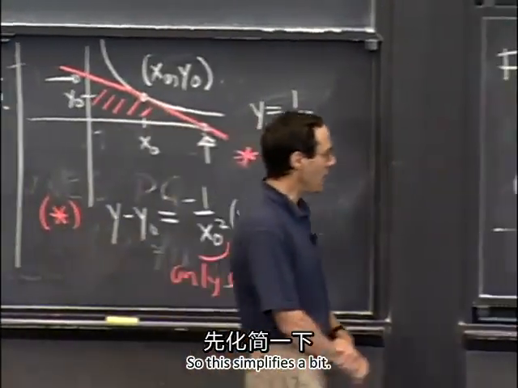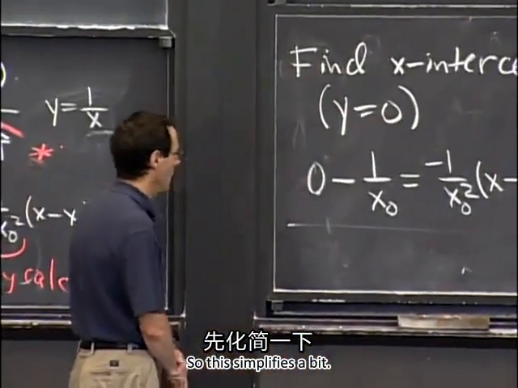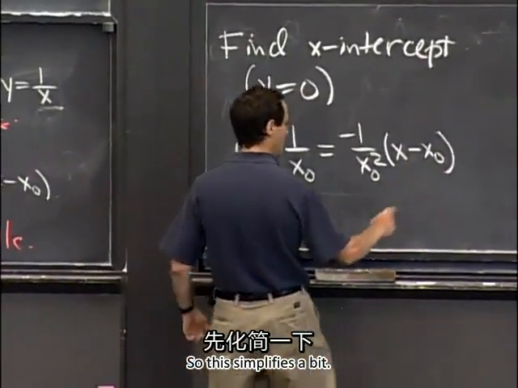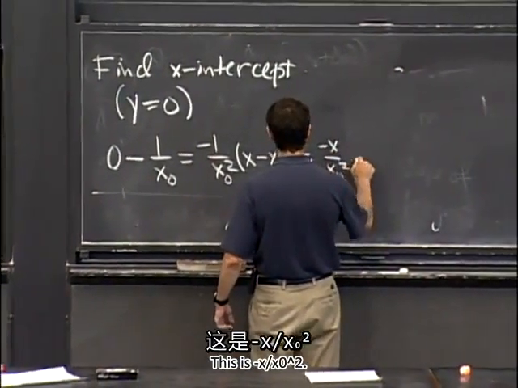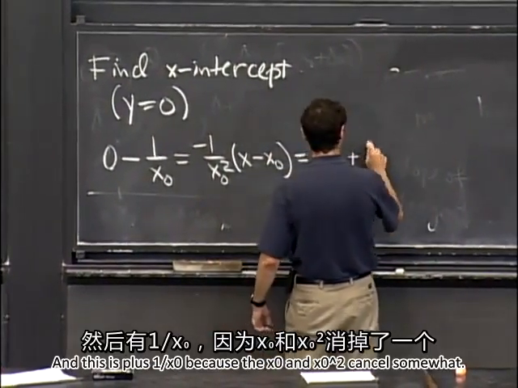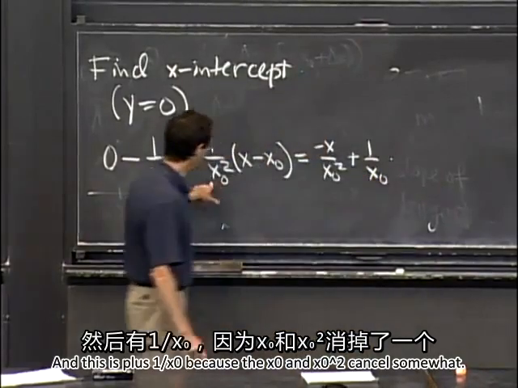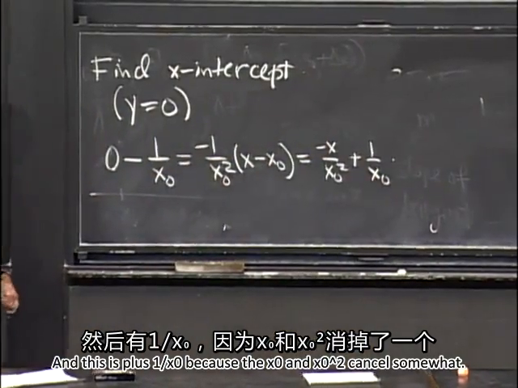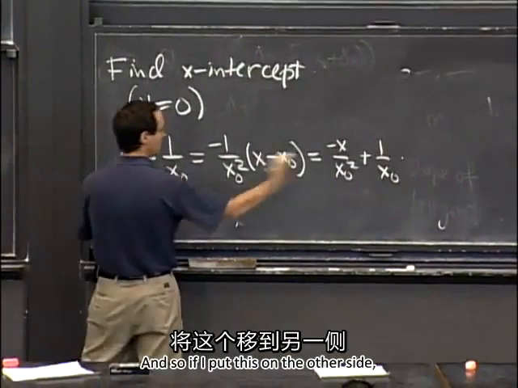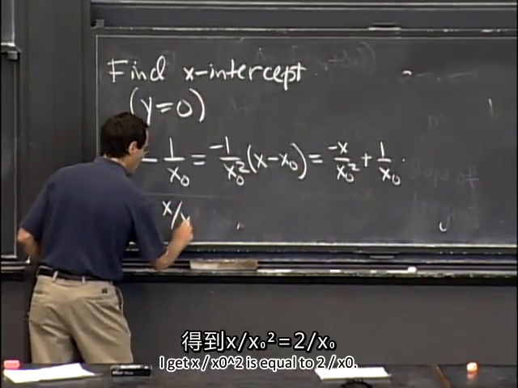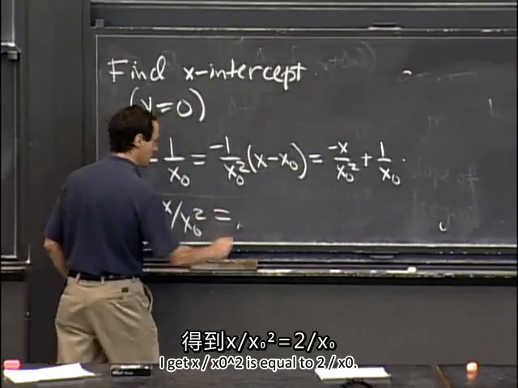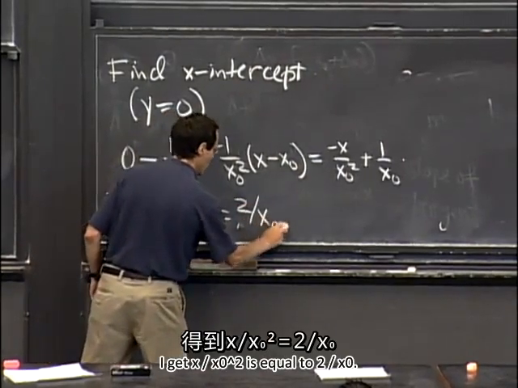So this simplifies a bit. Let's see, this is minus x over x0 squared, and this is plus 1 over x0, because the x0 and x0 squared cancel somewhat. And so if I put this on the other side, I get x divided by x0 squared is equal to 2 over x0.